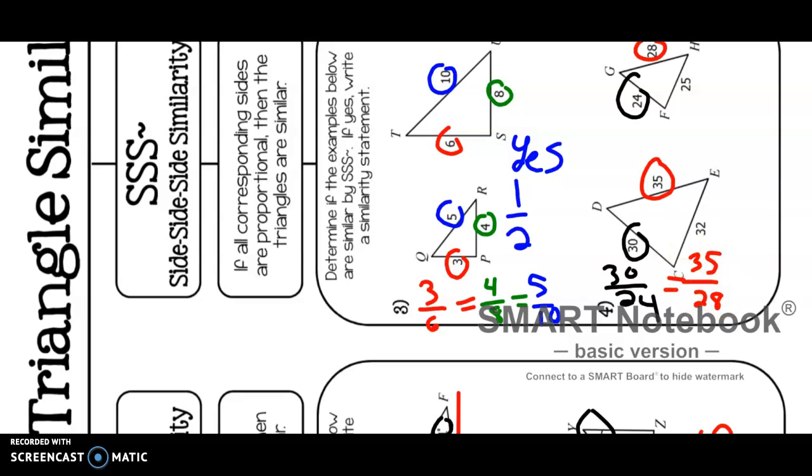And then our last one, we have 32 and 25, equals 32 over 25. Well, I can tell you just by looking at this, if I were to put these in my calculator and simplify them down, they would not be the same fractions. So this is not proportional. That would be a no.